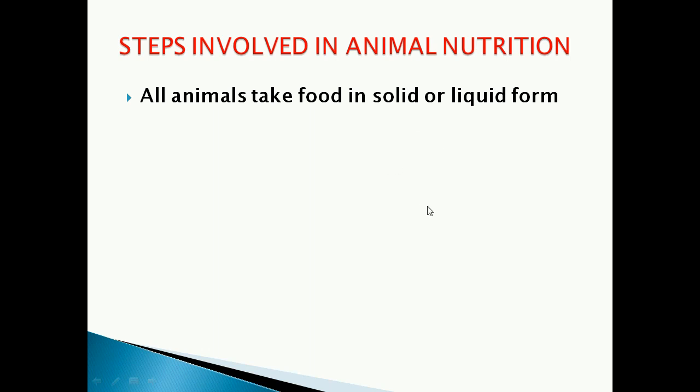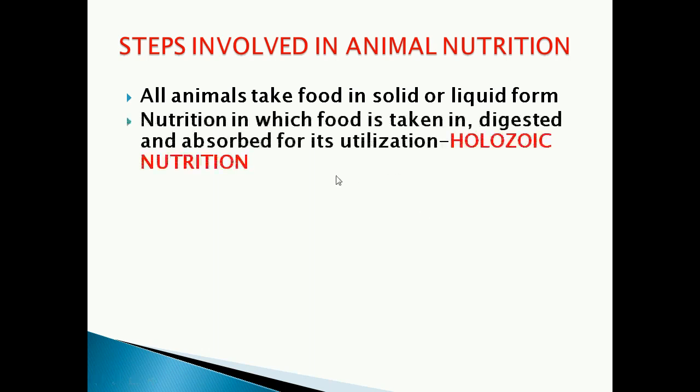The nutrition in which food is taken in and digested, then absorbed for its utilization, is called holozoic nutrition. That is, the food is taken in through the mouth and digested, then absorbed by the body for its utilization. That is called holozoic nutrition.